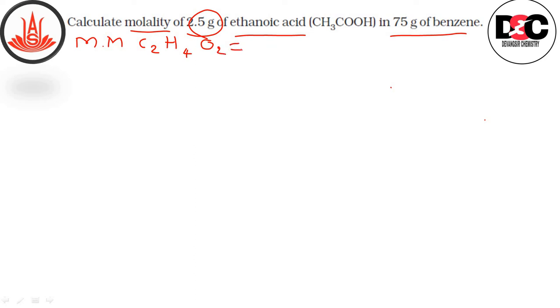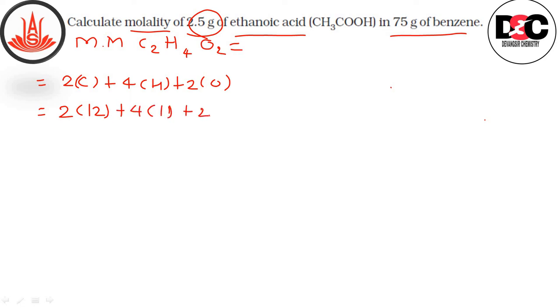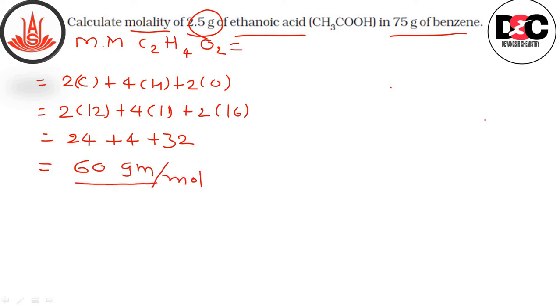So if you see, 2 carbon plus 4 hydrogen plus 2 oxygen, 12 for carbon, hydrogen it is 1, oxygen it is 16, 24, 4, 32. So total you will be getting 60 gram per mole, the molar mass of ethanoic acid.